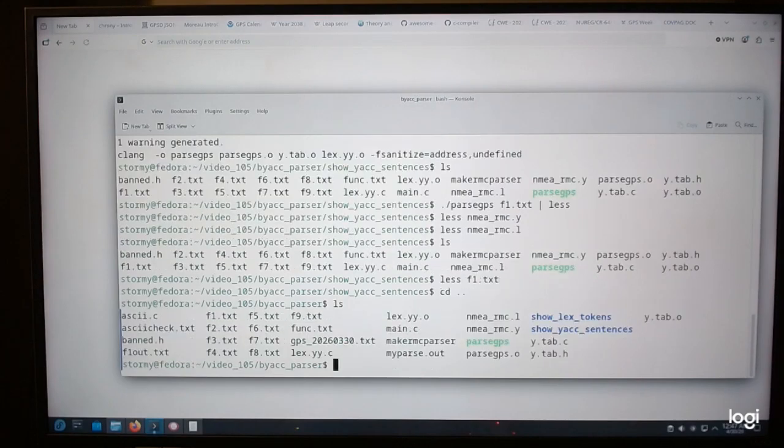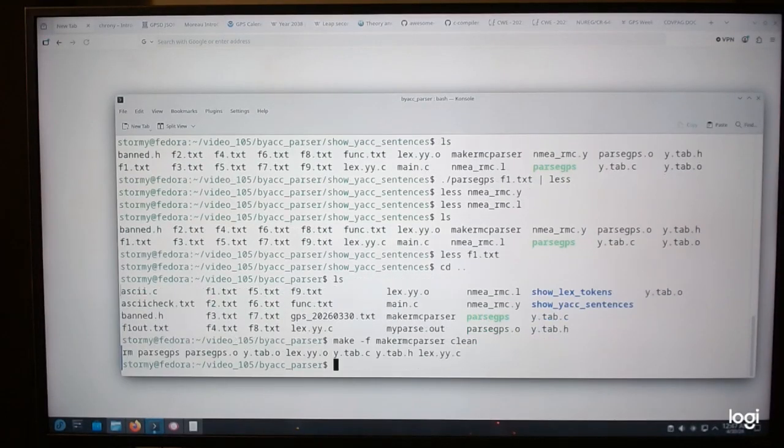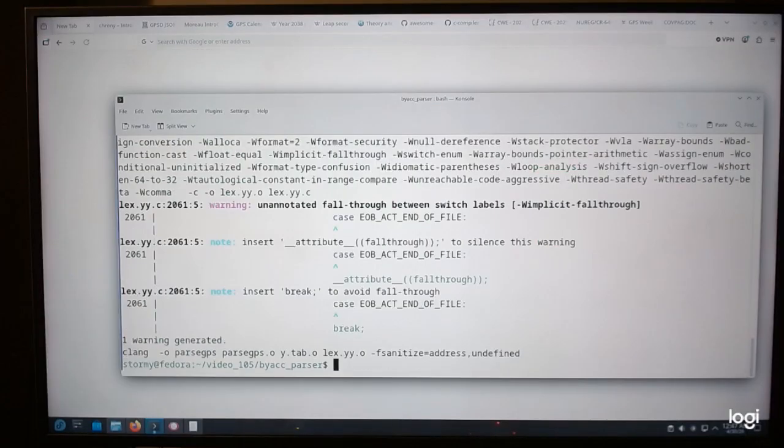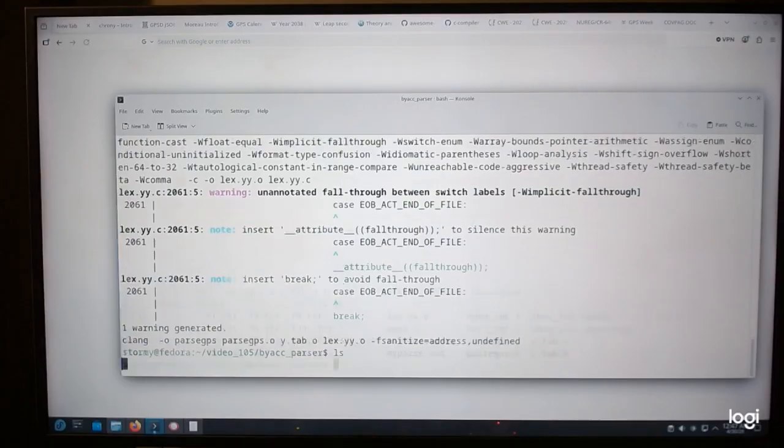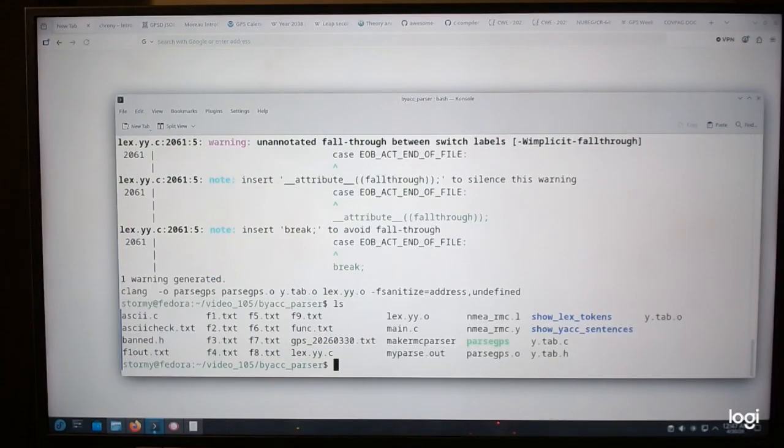So here's my parser right here. And we'll make it. And let's just parse this file right here.